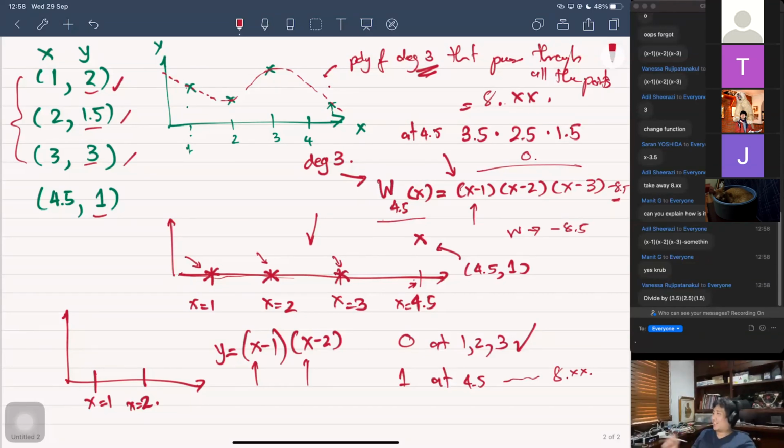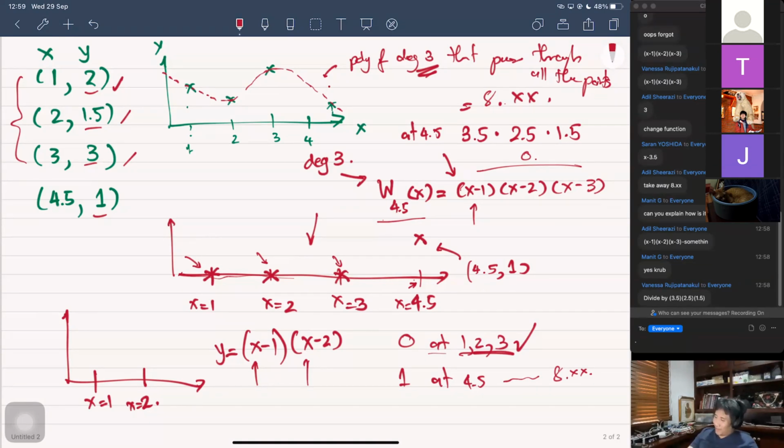But Van is suggesting something else. Because subtraction will give you a problem, because it gives you some offset when it is 0. But I know that 0 divided by any number is 0. So if I divide by some constant, it's not going to screw up my solution over here.